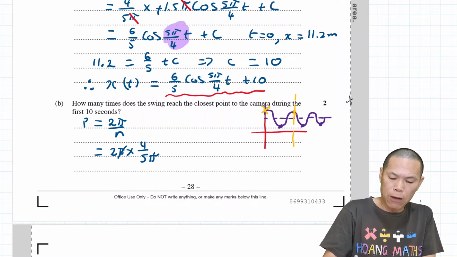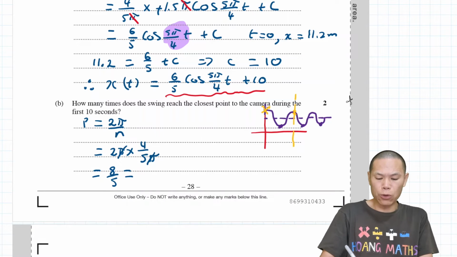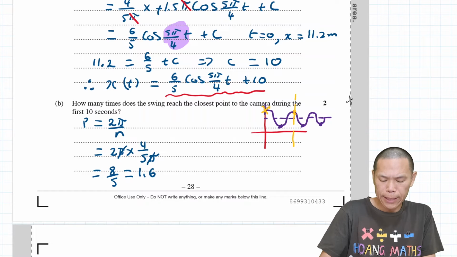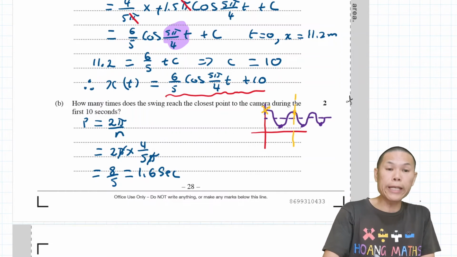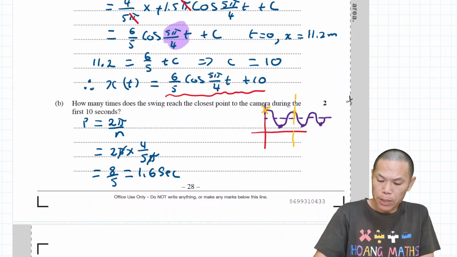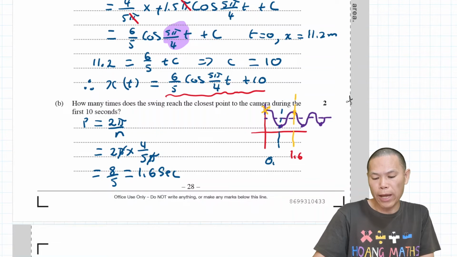The pi cancels out, which gives me 8 over 5, equal to 1.6 seconds. That is the period. So from here to here is 1.6, and therefore half of this is half of 1.6, 0.8 seconds.